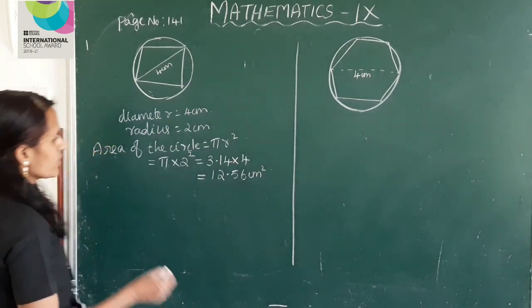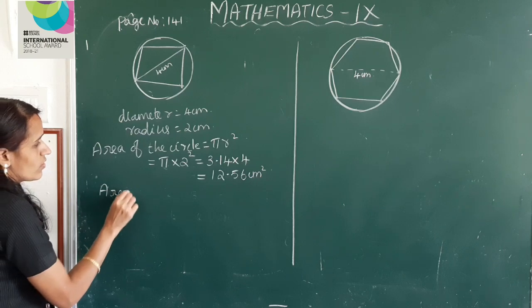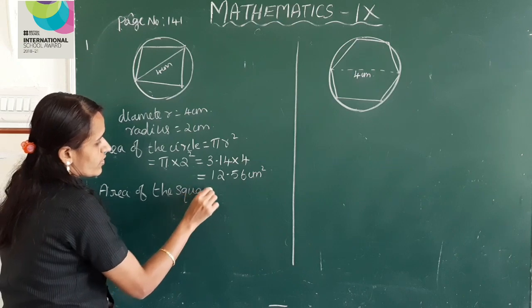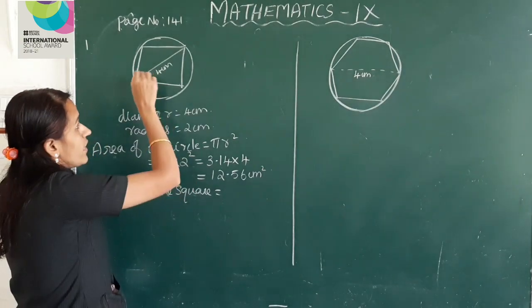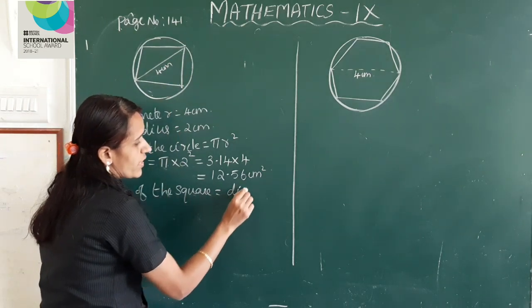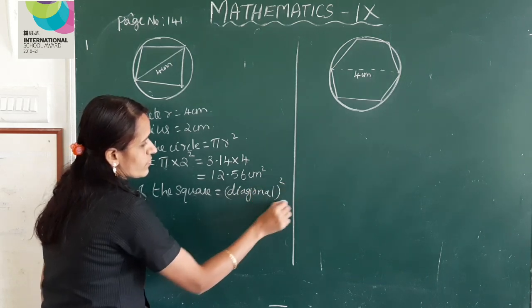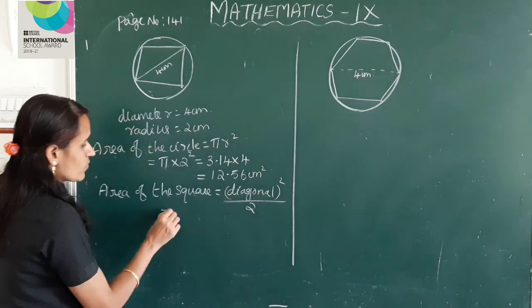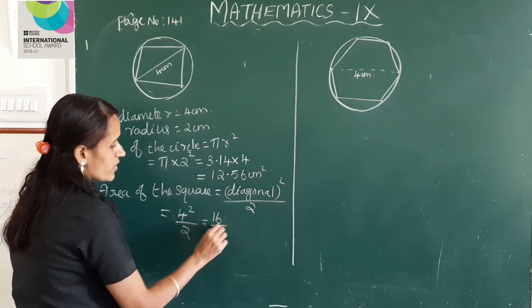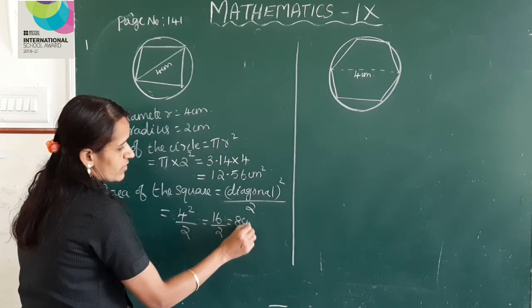Next, find the area of the square. The area of the square is equal to, here diagonal length is given, so area of the square is equal to diagonal square by 2. Diagonal is 4, square by 2. This is equal to 16 by 2, which is 8 centimeter square.